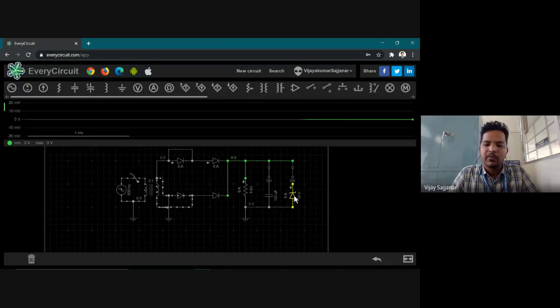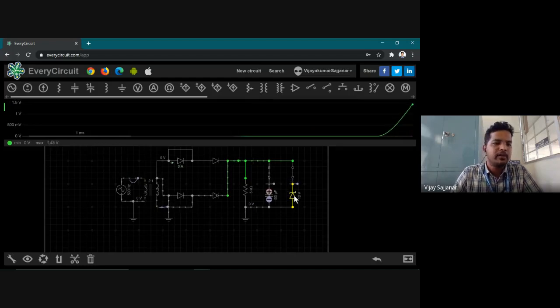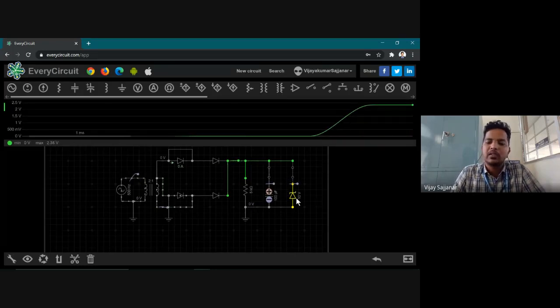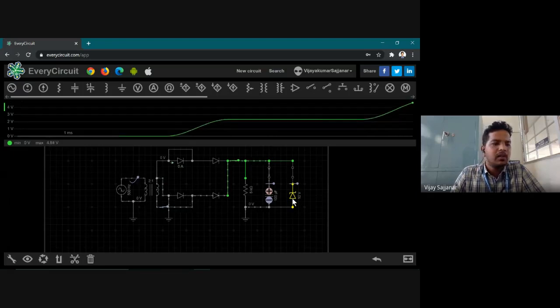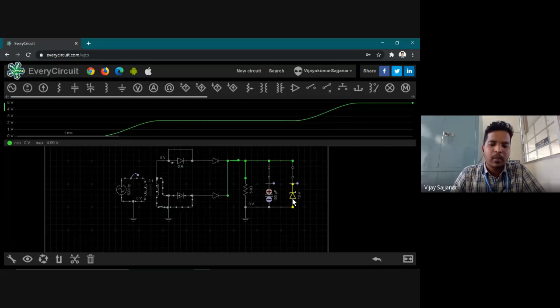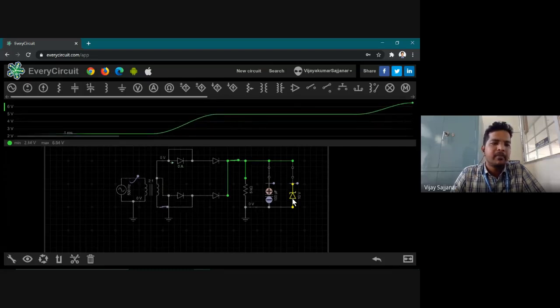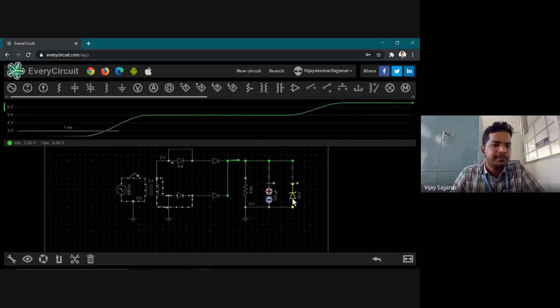If we ask for 5 volts, that should also be provided. We'll just go with one last request for the circuit. Instead of 10 volts, we'll ask for 5 volts. Let it stabilize.